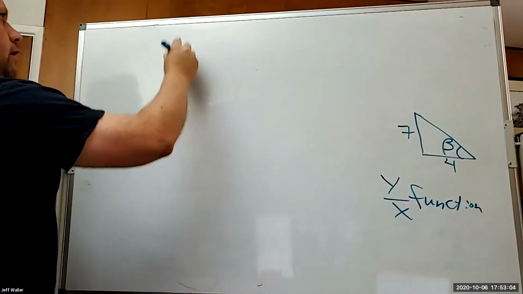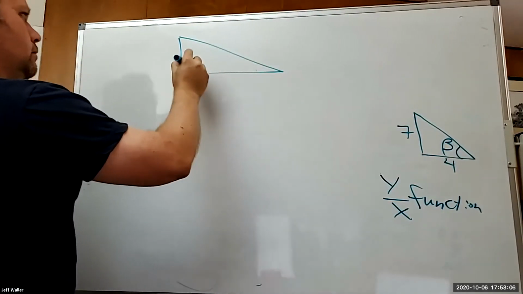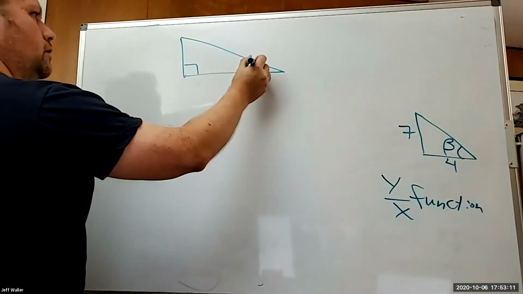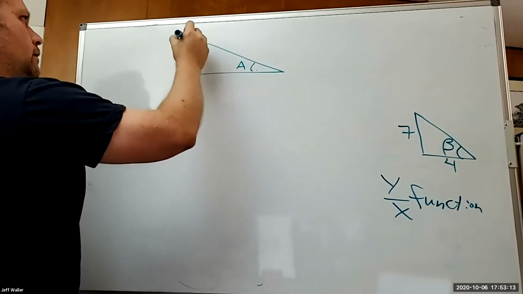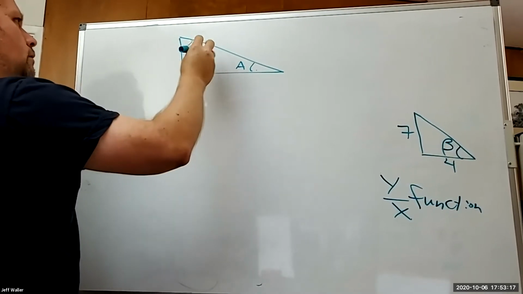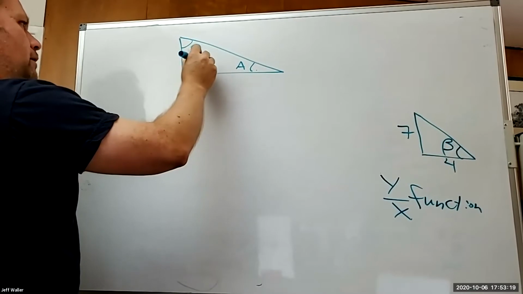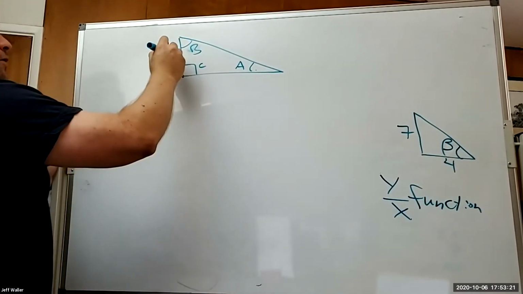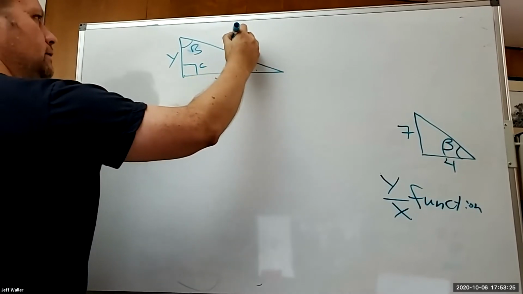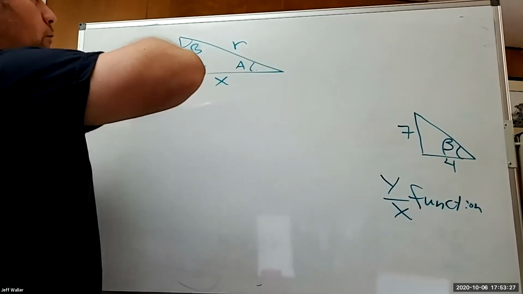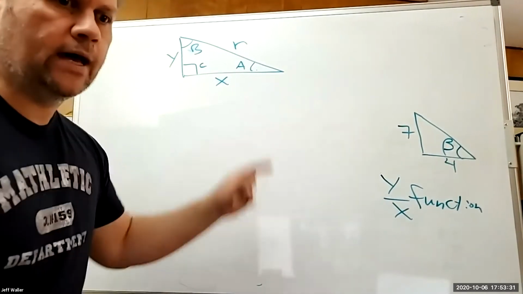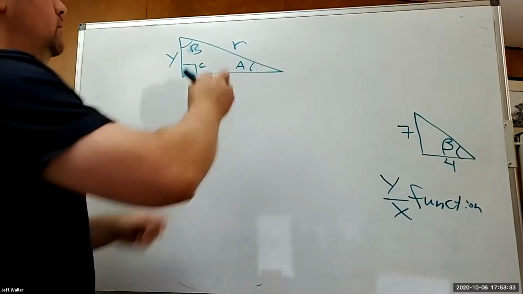If I have a triangle, I'm going to call this angle A, angle B, angle C, which is the hypotenuse. I'm going to call this side Y, side X. I'm going to call this R, and you'll see why not too long from now. So that is the hypotenuse.